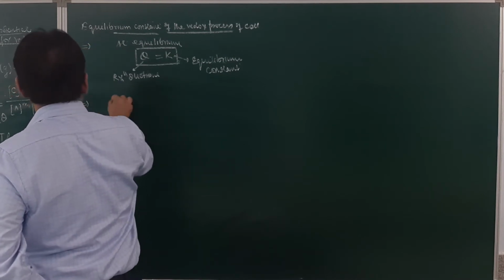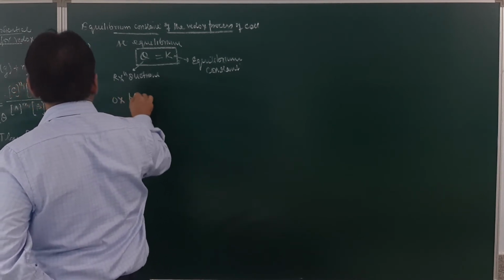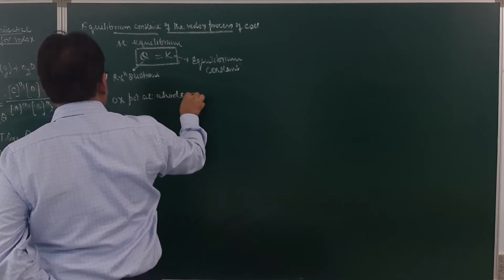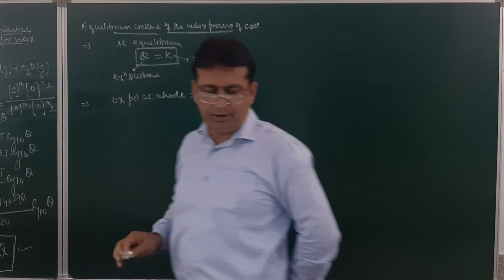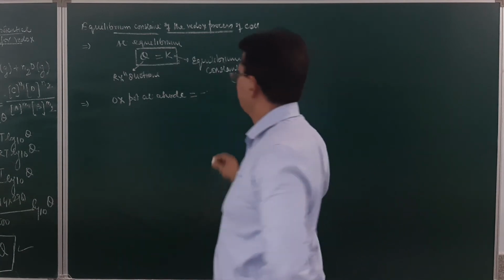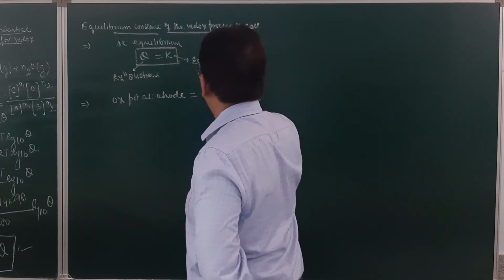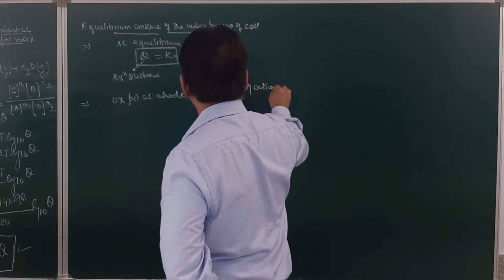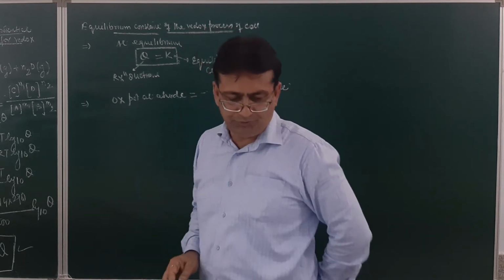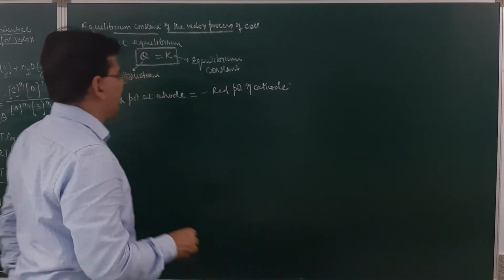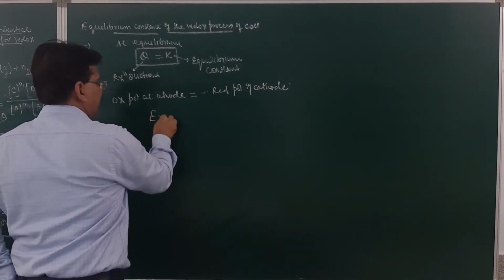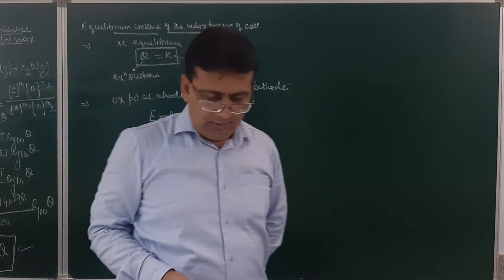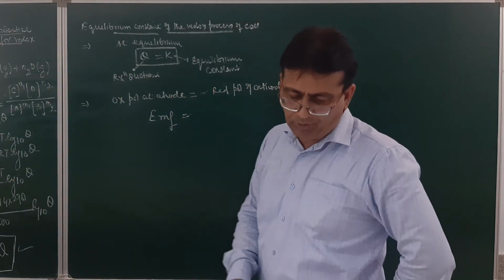Second, the oxidation potential at anode will be equal to the negative of reduction potential of cathode. We all know this. Now if you find out the EMF of the cell, EMF of the cell will be equal to oxidation potential minus the reduction potential.